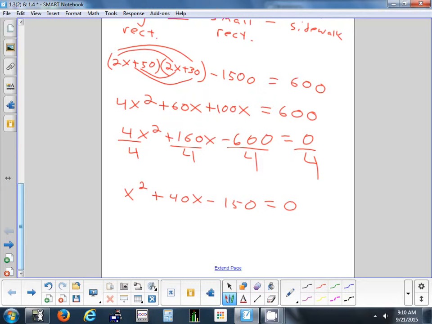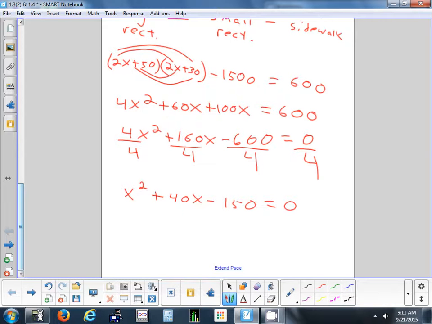Okay, now there's a couple of ways you can solve it. Quadratic equations can be solved with factoring. Can be solved with, well, how else can you solve a quadratic equation? Something you learned with the three letters in it, A, B, and C. Everybody remember the name of that?